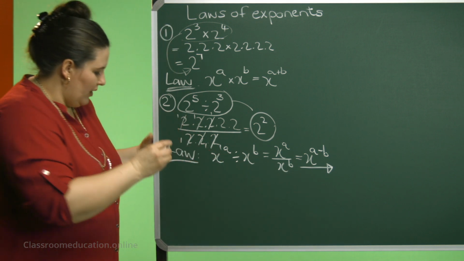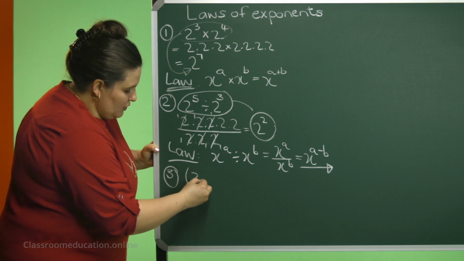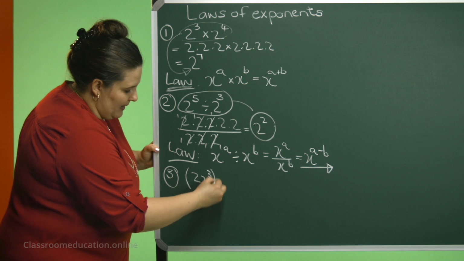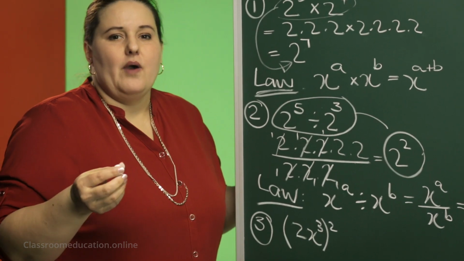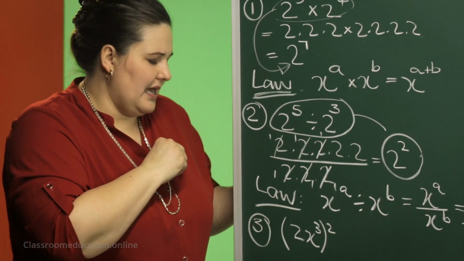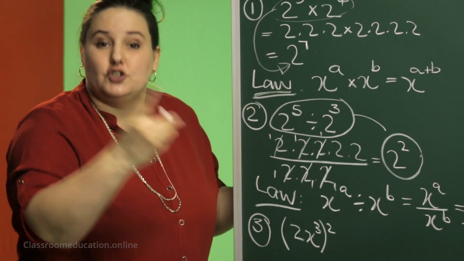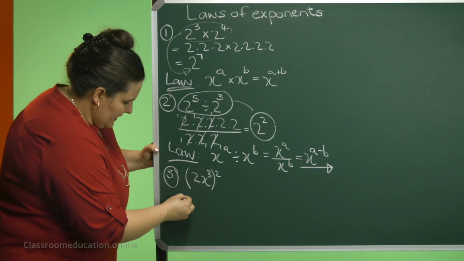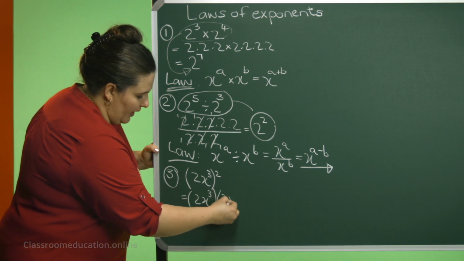The third law, have a look at this one. If I have 2x cubed to the power of 2, that's my question. Now, how would you have written this? Because it's to the power of 2, I can write my bracket twice. So I can say it is 2x cubed times 2x cubed.